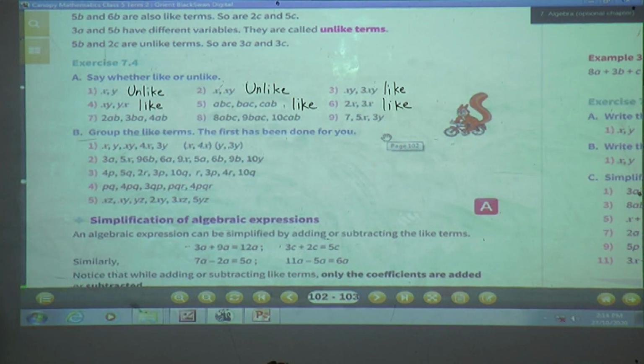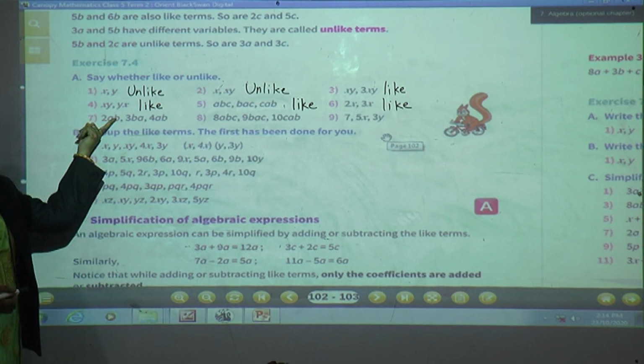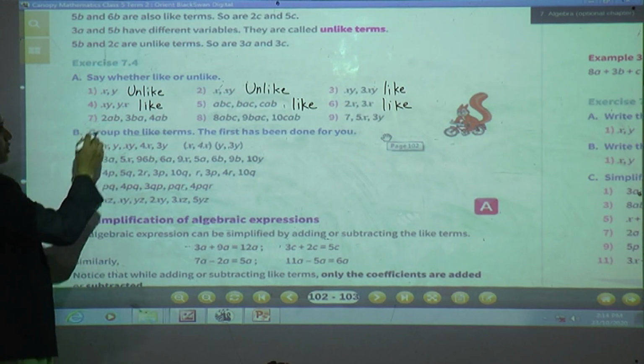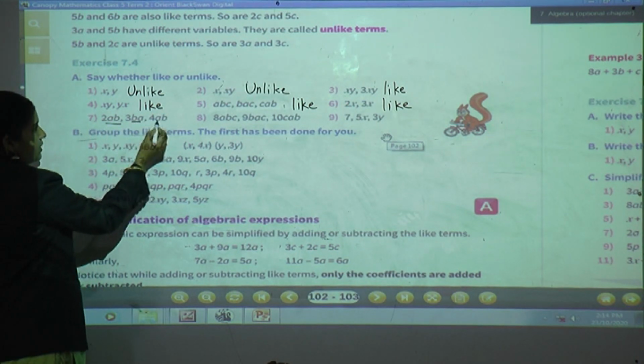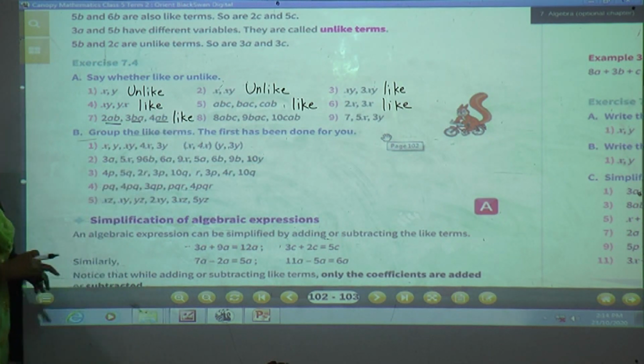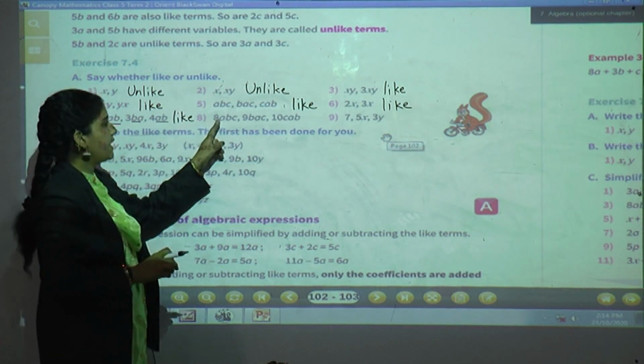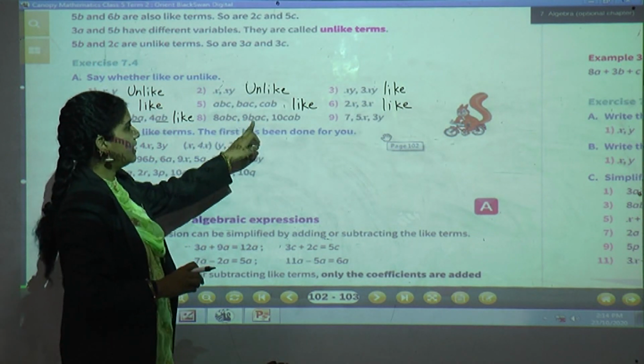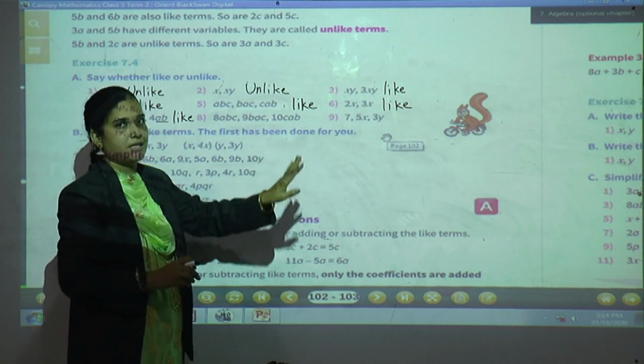Now seventh one, here 2ab, 3ba and 4ab. Students, like terms or unlike terms? Like terms, because here ab, here also ab and here also ab. So write like terms.